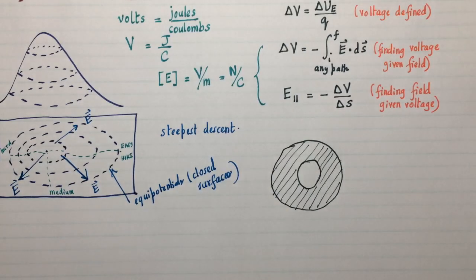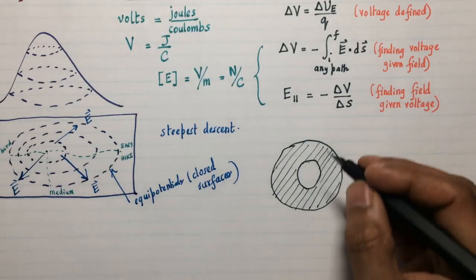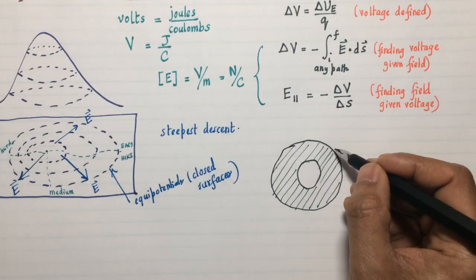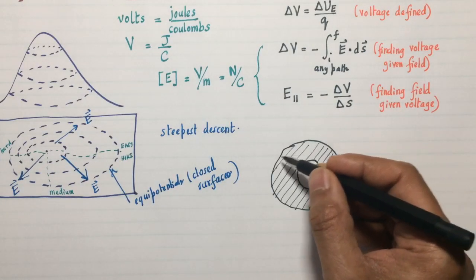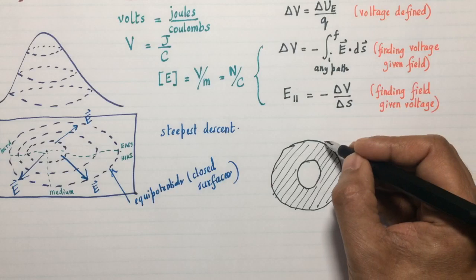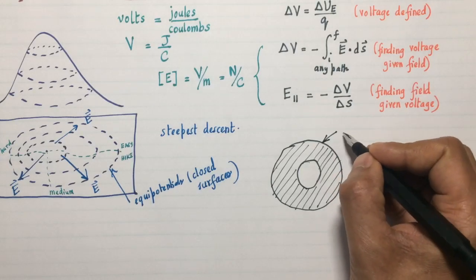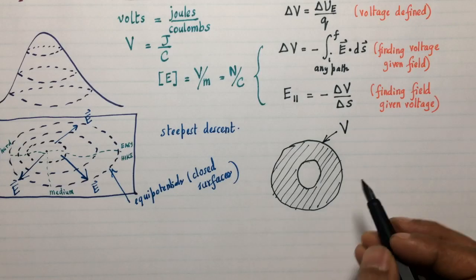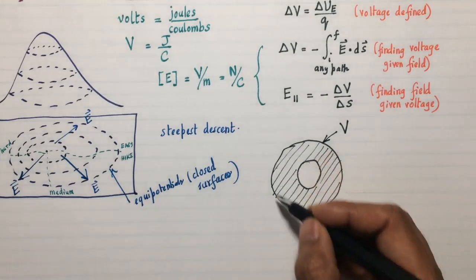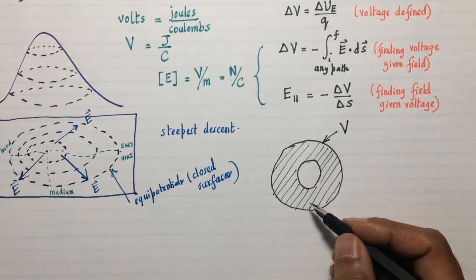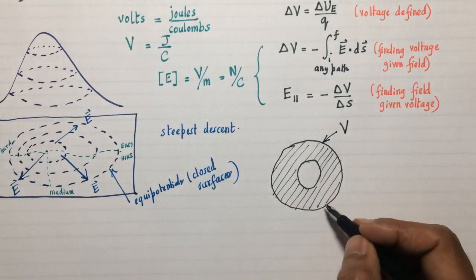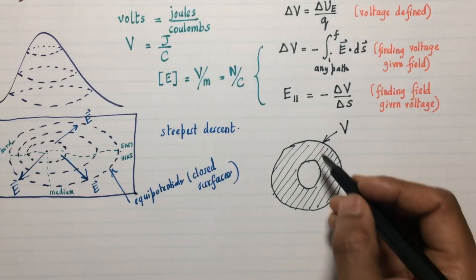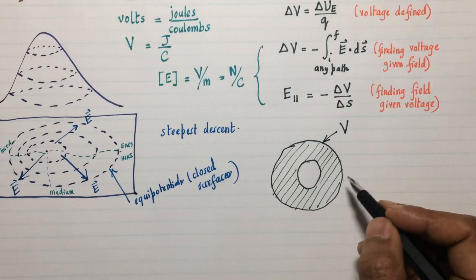The first thing I want to tell you is that on the metal surface, the entire conductor is at one potential. So if I touch it with a battery with some potential V, then regardless of how crazy the surface looks, for example, it's got a small bump there and all that, it doesn't matter. The entire surface will have the same potential.